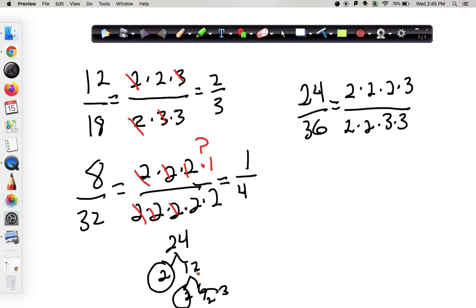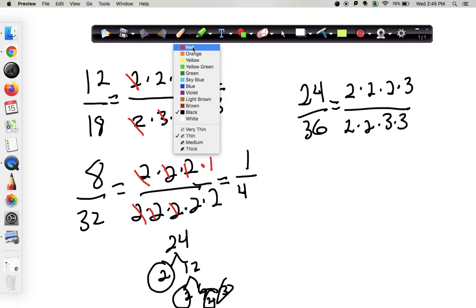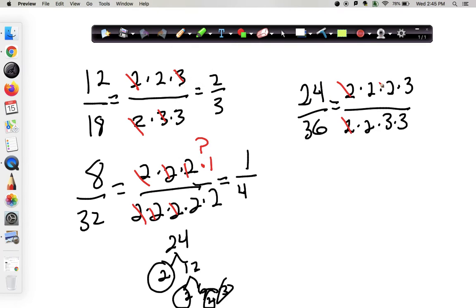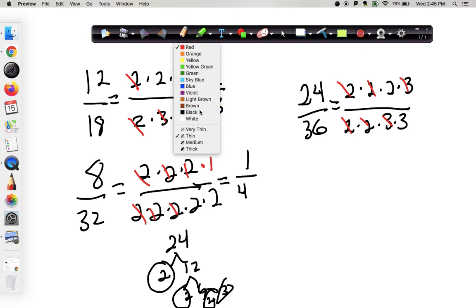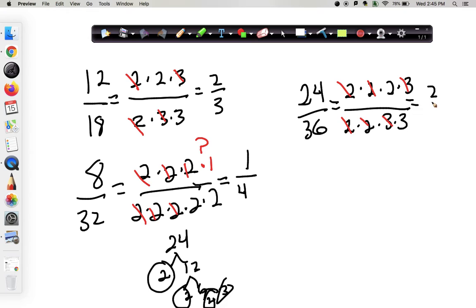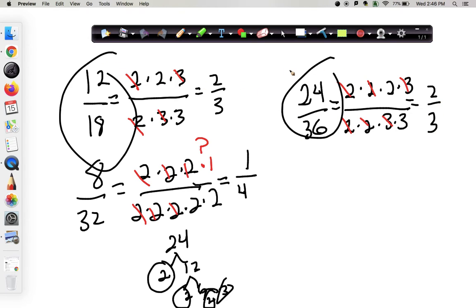That's 2 times 3. So that's where I got 2 times 2 times 2 times 3. So then we can cancel those 2's, those 2's, those 3's, and this simplifies to 2/3. So 12/18 is the same fraction, an equivalent fraction, as 24/36, because we can multiply that by 2, multiply that by 2, 12 times 2 is 24, 18 times 2 is 36.